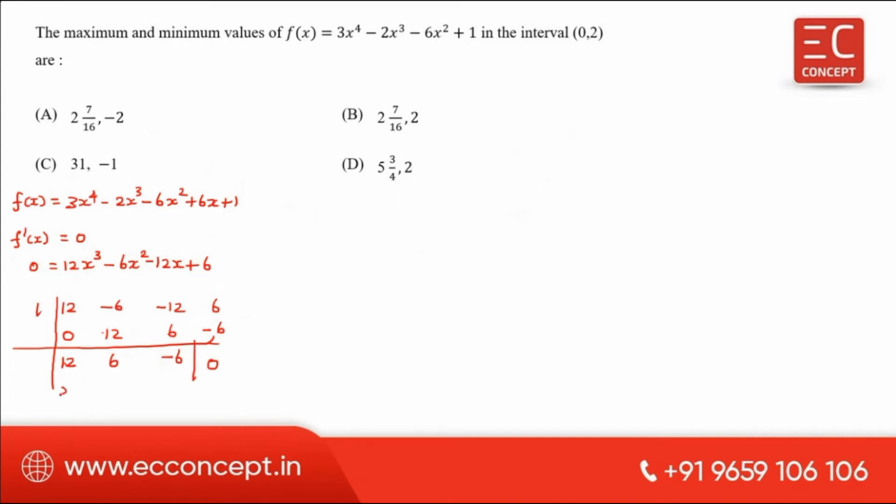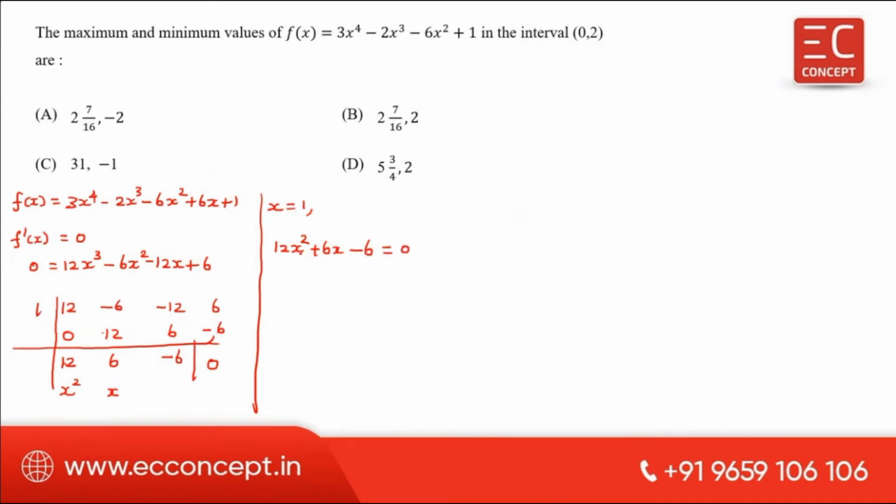Now this is the square quantity, this is the x quantity, this is the constant quantity. Therefore, one of the x values is 1. The remaining x's we have to calculate. We can write this equation 12x square plus 6x minus 6 equal to 0.